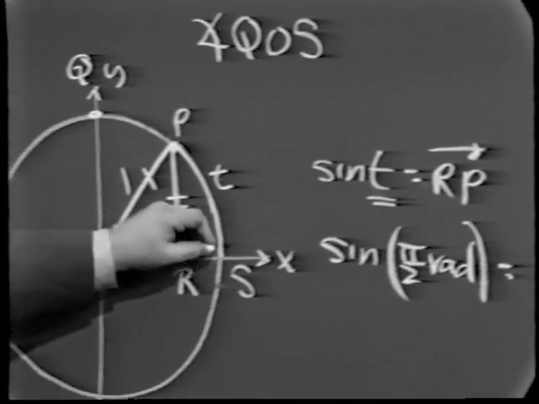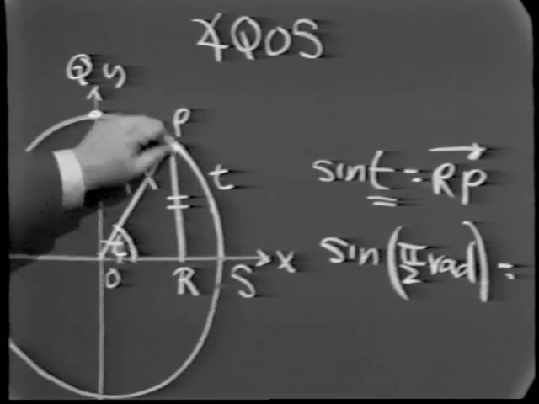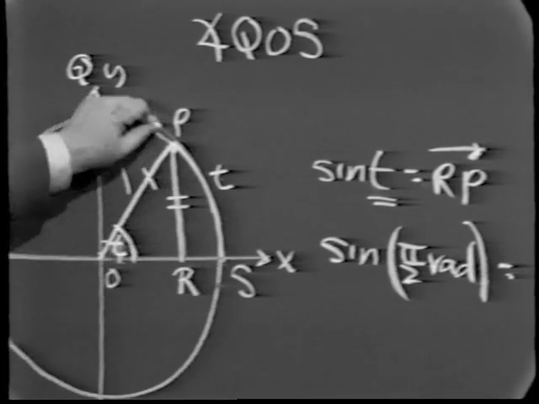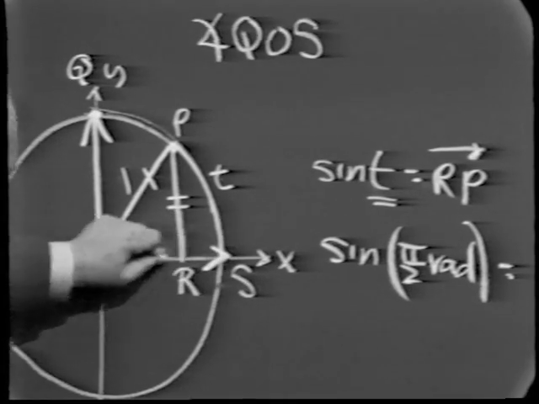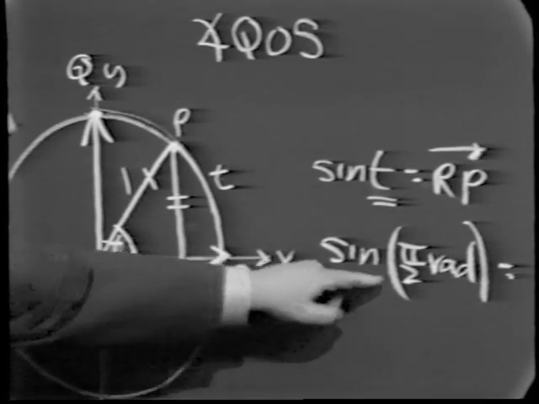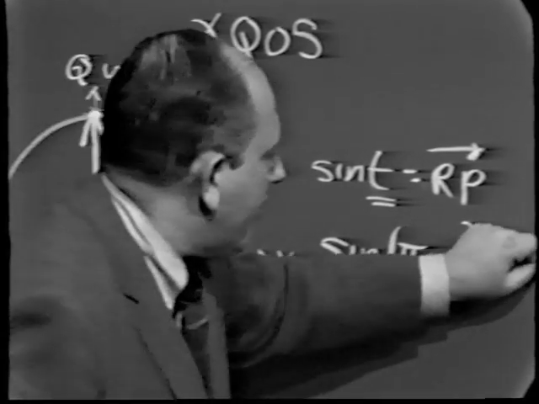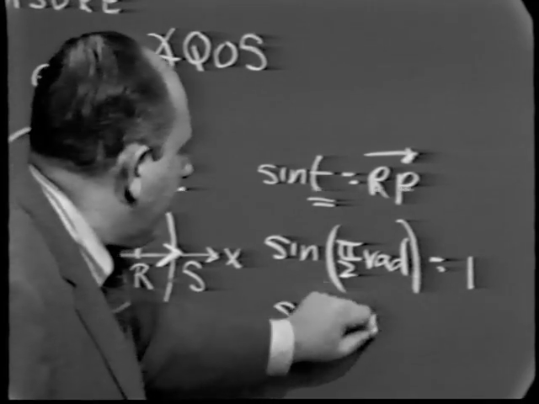I mean the sine of the angle which intercepts a length, an arc, pi over 2 units long. Well, see, pi over 2 is this length. I'm now talking about this angle here. And the sine, therefore, of pi over 2 radians in terms of classical trigonometry is 1, but that's also what the sine of a number, pi over 2, was.